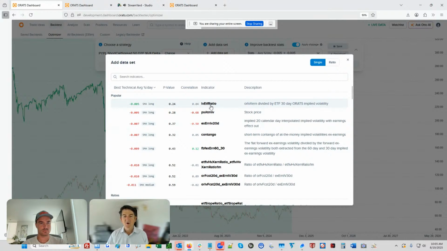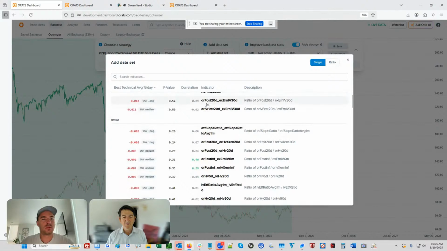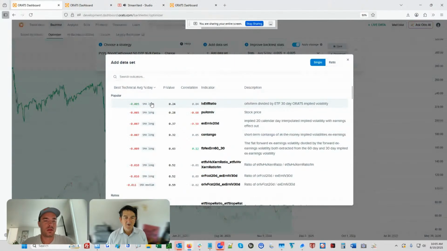That is the implied volatility of PayPal versus its best ETF, maybe the XLK, but I'd have to look. Then it'll do a smooth moving average, and then is it best when it's above or below? We use short term and long term, so you'll see long term and short term.